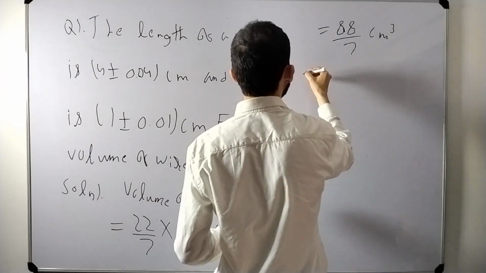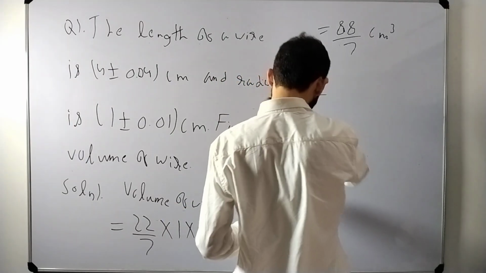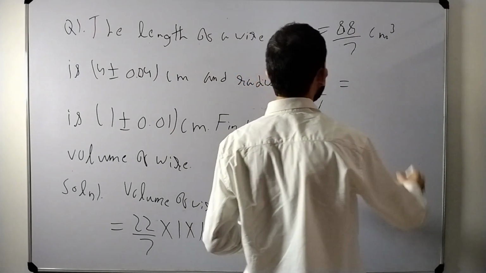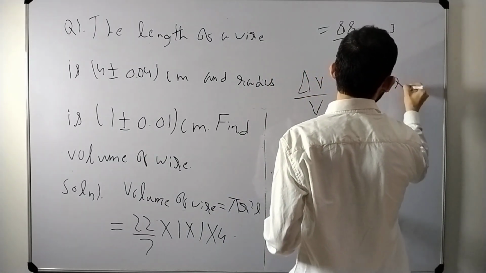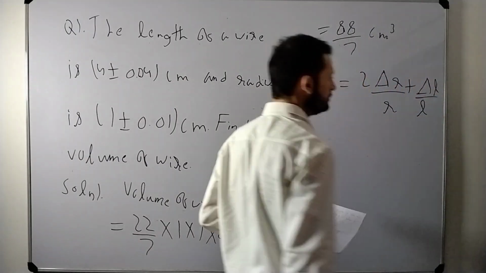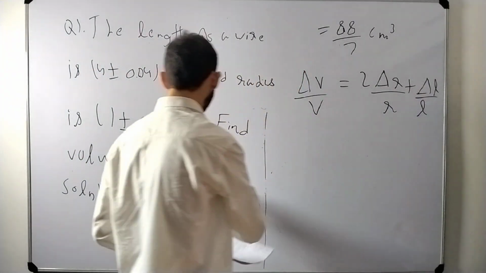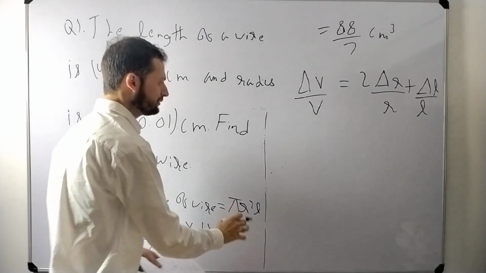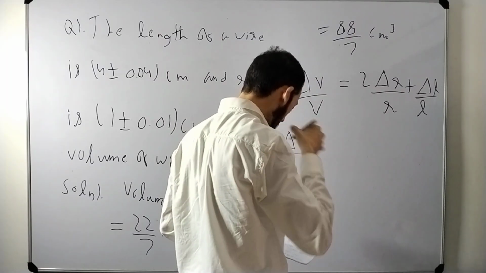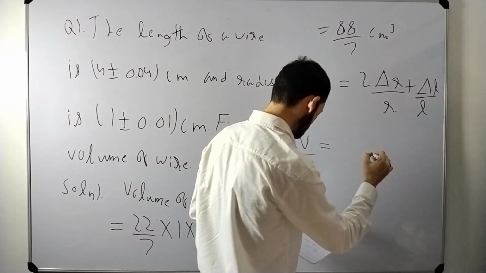Now tell me the error. What is the error here, students? So error is basically volume part del V upon V, and this makes our 2 del R upon R plus del L upon L. Okay students, so you might have noticed the 2 out of here, R square. So this makes del V upon V, 88 by 7 and 2.